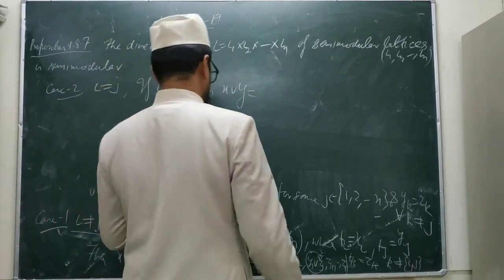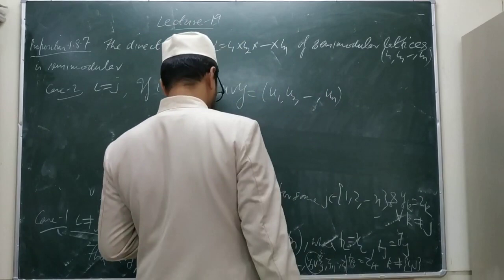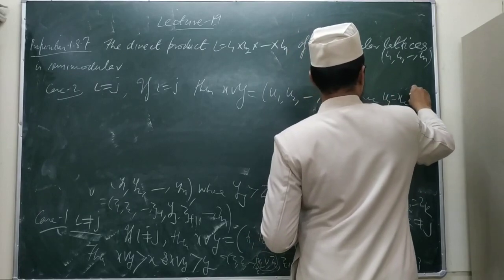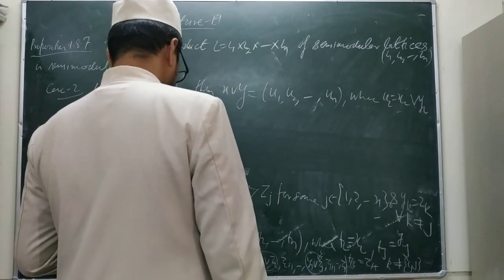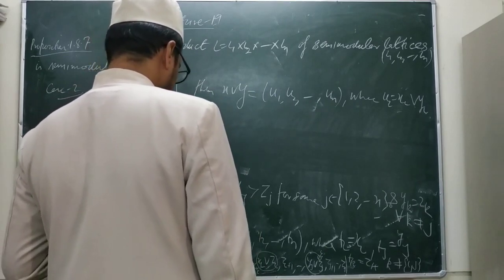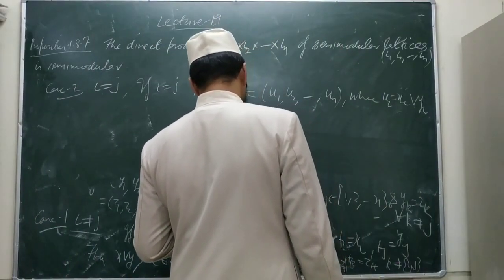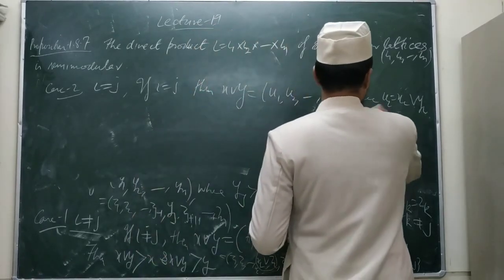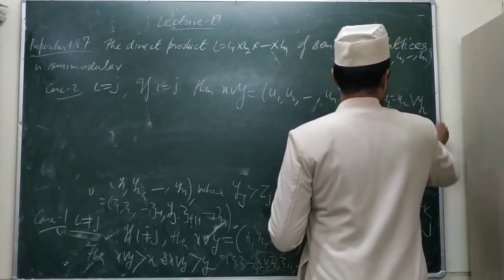It will be u1, u2, dots, un, where ui is xi join yi, correct? ui is equal to xi join yi, and uk is equal to zk when k is not equal to i, correct?